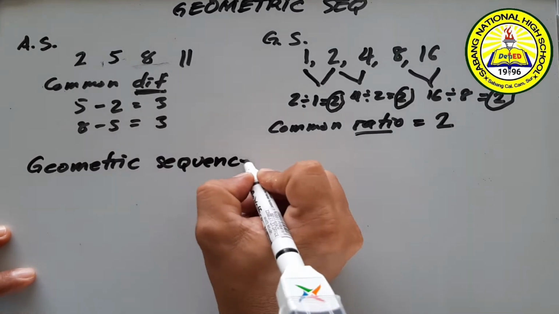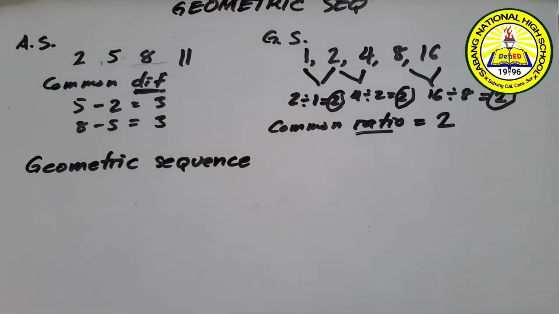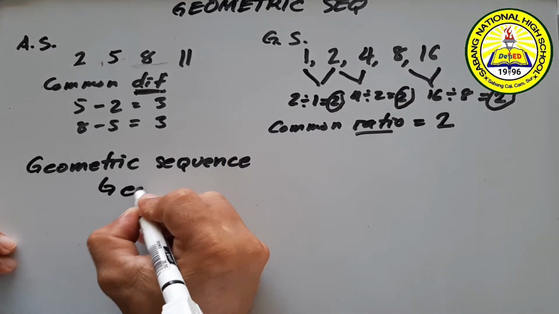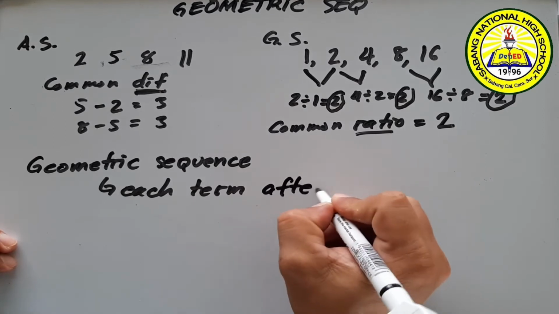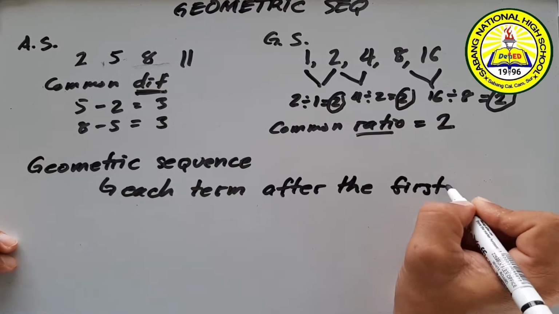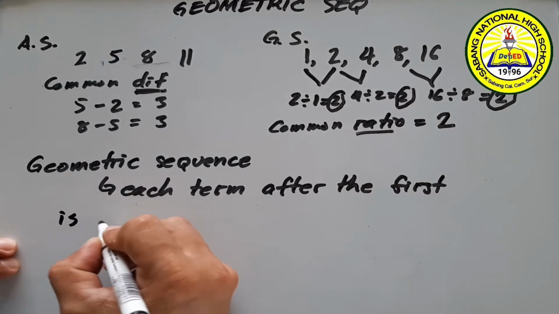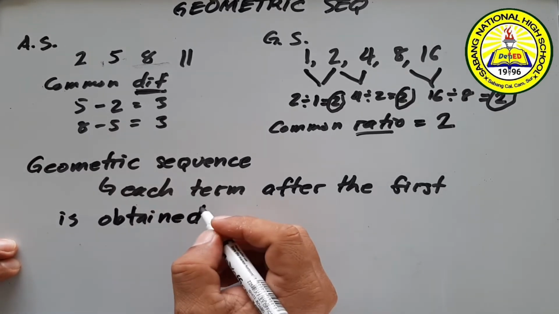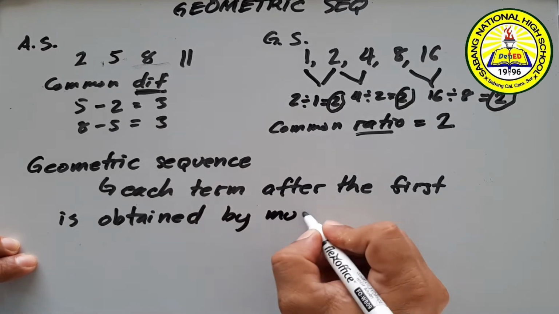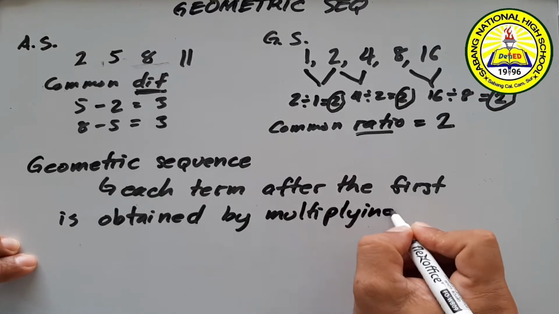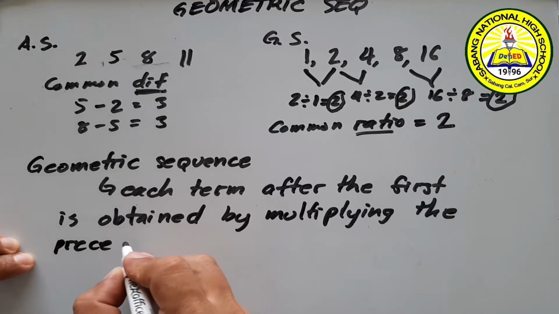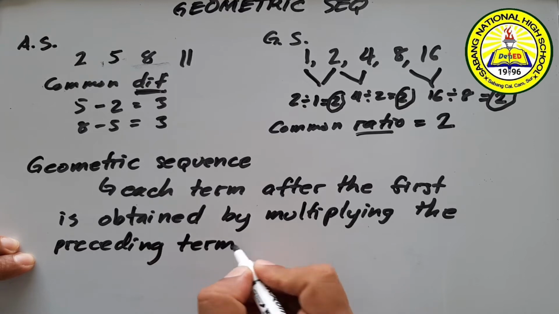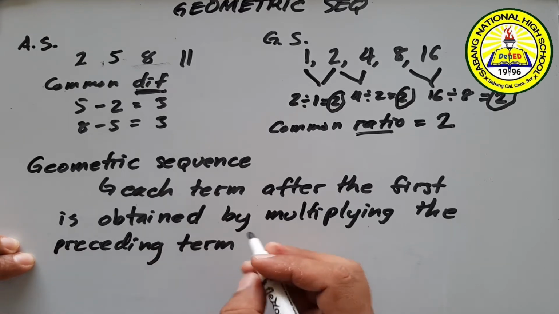Since we now have an illustration, let us define it. A geometric sequence is a sequence where each term after the first is obtained by multiplying the preceding term by a non-zero constant.